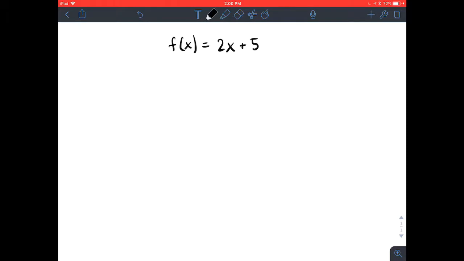Now I've noticed that a lot of people will write something like f inverse of x equals 1/2 x minus 5. At first glance, that looks like it might be right. You're doing the inverse operation of doubling by taking a half, and you're doing the inverse operation of adding 5 by subtracting 5. However, this is wrong.